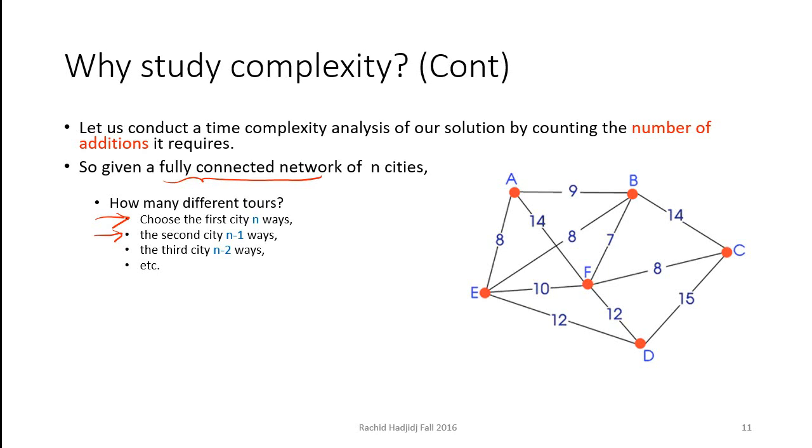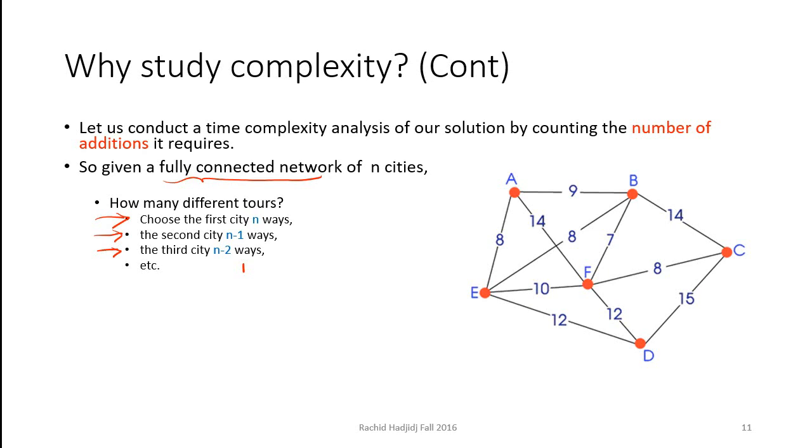For the third city, we're going to have n-2 choices. Why? Because we already picked two cities, the first one and the second one, and so forth. For the last city, we're going to end up with only one choice. Why? Because we already picked n-1 cities, and what remains is only one city to go to.